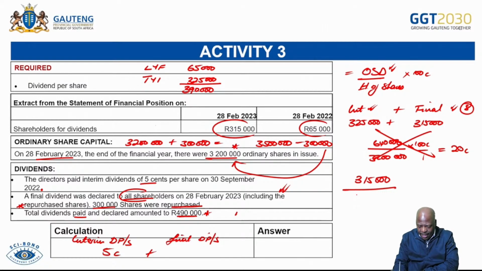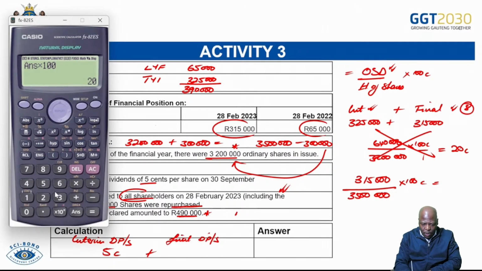So I come here, then I say the 315,000 divided by 3.5 million. Then I multiply by 100 cents here. So let's come and see again. I'm now saying my 315,000, I divide that by 3.5 million, like that.